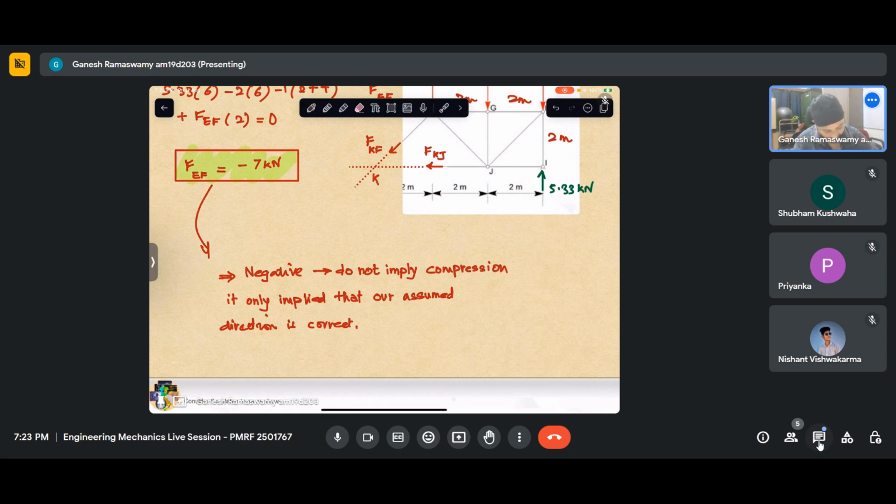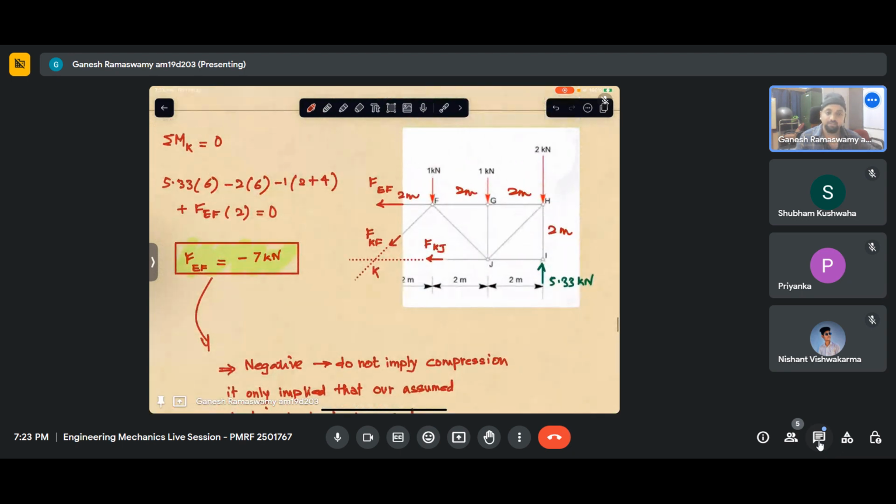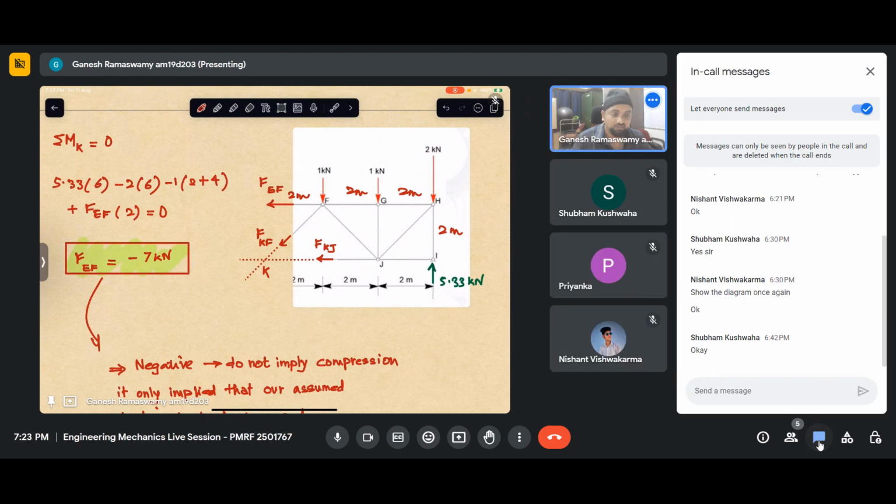It only implies that our assumed direction is to be reversed. And since we assumed it to be tension, we need to reverse it and it will be compression. So I hope that this is clear, and if there are any questions, please ask.